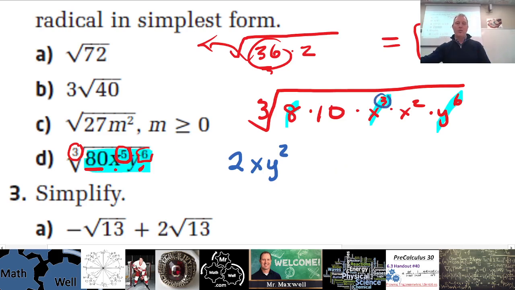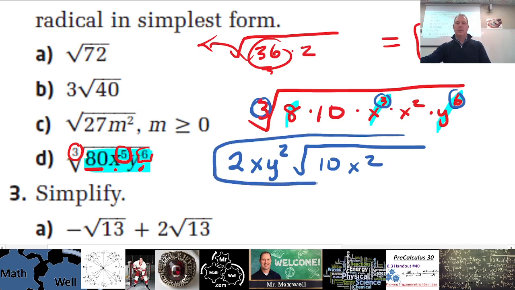Or 3 divided by 3 is 1. 6 divided by 3 is 2. So that's where these come from. And then whatever is not able to come out of the club has to stay in. And so just those two entities, and there you go. That's your answer there. Okay?